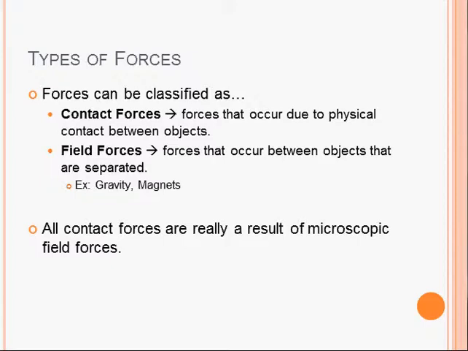Now, if we want to get really technical, what we can say is that there really aren't any contact forces. What we can really say is that all forces that exist in nature are really field forces. It's just a matter of how they interact at a microscopic level, and that's what's causing the contact force. What's happening is, for instance, when you touch something, the atoms at the microscopic level are exerting these field forces on each other.